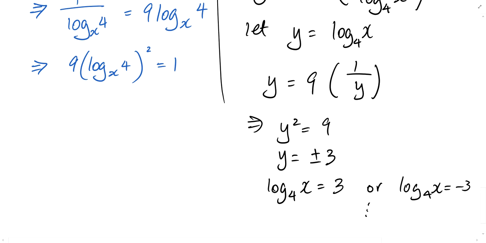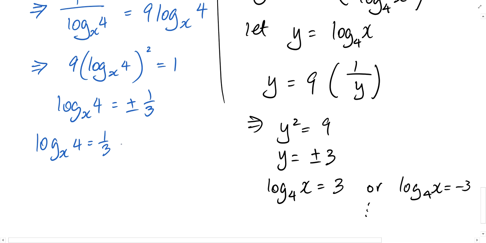As compared to, in this case, I will get log base x 4 equals to plus minus 1 over 3. Log base x 4 equals to 1/3 or log base x 4 equals to negative 1/3. Do you see the parallels between this and this? Do you see the relationship?